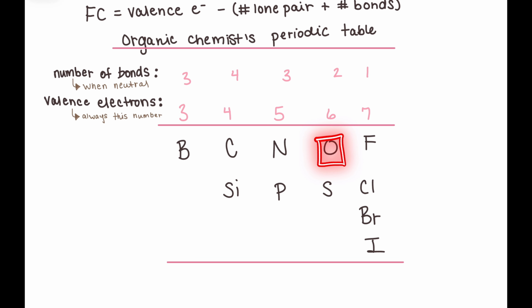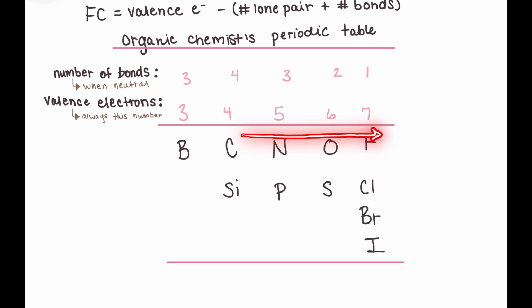Oxygen. Oxygen has 6 valence electrons. Notice more valence electrons, but the number of bonds that it likes to have decreases. One trick for remembering this: as you keep going to the right, your atom becomes more electronegative.